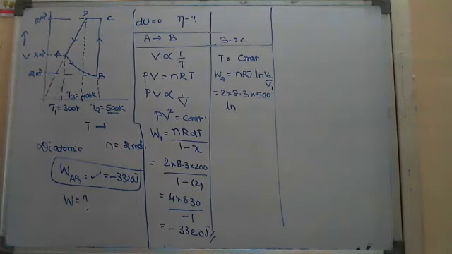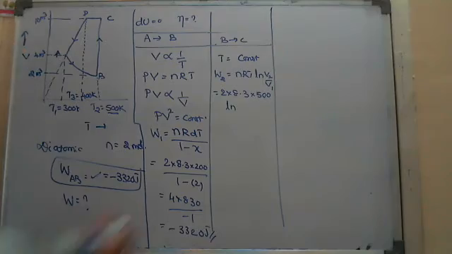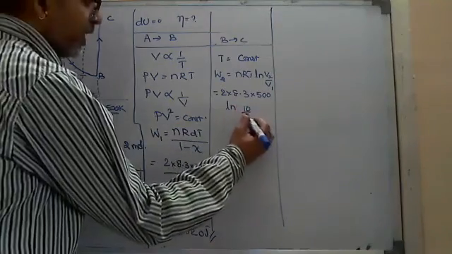Given. So B to C, the change in volume means V2 by V1, which is 10 by 2. That I am getting as log 5 now.